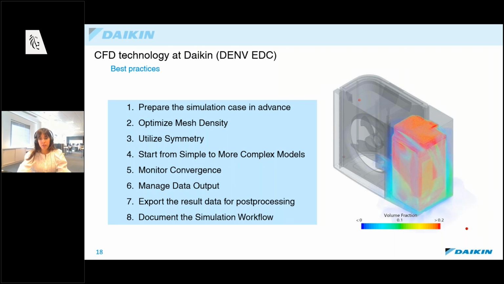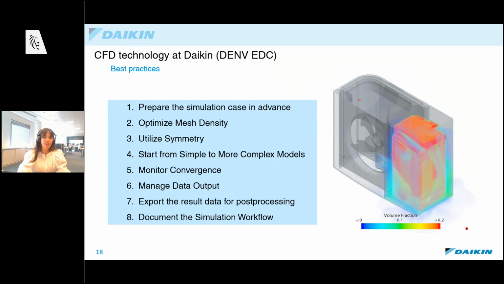Start from simple to more complex, kind of similar to what I was showing before. Begin by modeling the flow without including complex features such as the energy equation, and gradually incorporate additional complexities like energy equations and other solvers, depending on what's needed, and ensure that each step aligns with the simulation objectives.